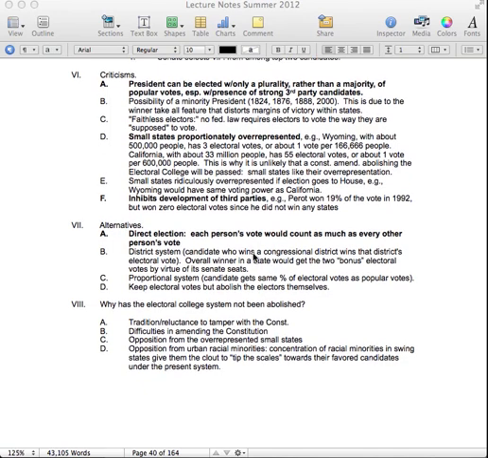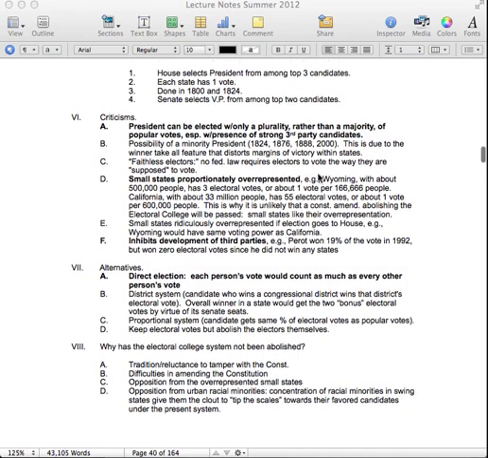We talked about this in class, and this further explains it: in California we only have 1 electoral vote per 600,000, and Wyoming has 1 for every 166,000. Small states are ridiculously overrepresented if the election goes to the House, as just mentioned. Each state has 1 vote no matter the size. So California has the same vote as Wyoming if it goes to the House, if there's a tie.